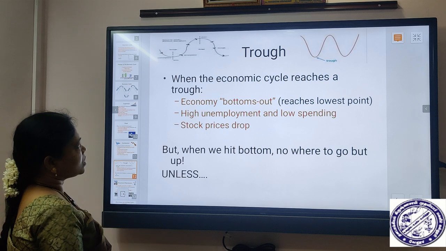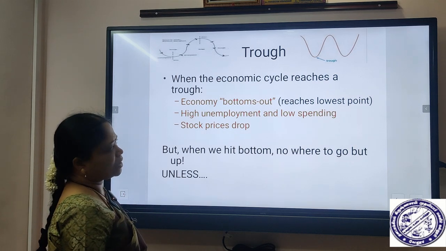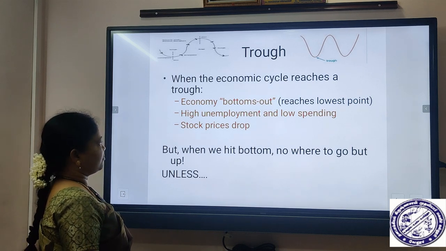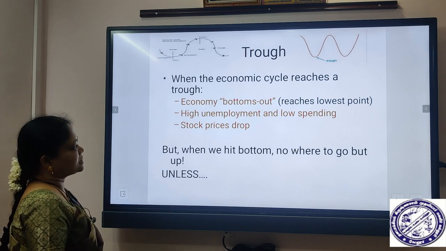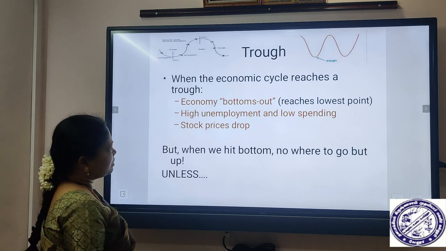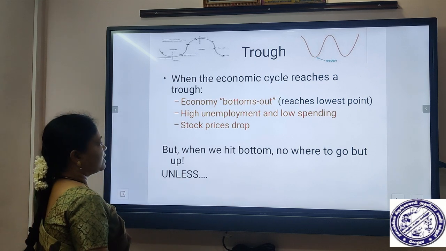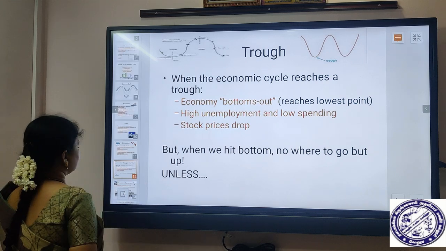Once contraction has arrived, definitely the economy has to move down to the condition of trough. When there is trough, the economy will be at its bottom level, there will be a high level of unemployment and people will be spending very low, and stock prices will definitely drop down.